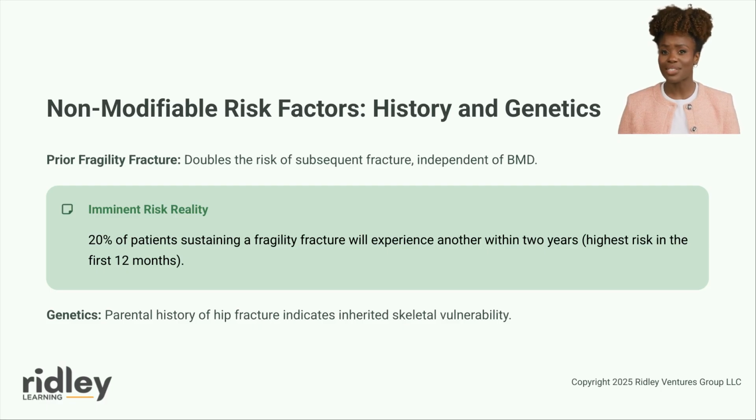Genetic factors are estimated to account for 60 to 80% of the variance in peak bone mass and make significant contributions to bone loss trajectories, bone quality parameters, and fall propensity. While specific genetic variants have been identified through genome-wide association studies, the clinical utility of genetic testing for osteoporosis risk assessment remains limited. Family history serves as a practical surrogate for inherited skeletal vulnerability in routine clinical practice.